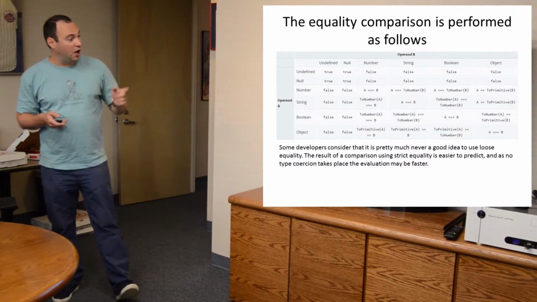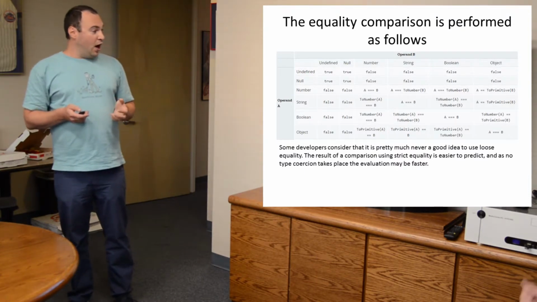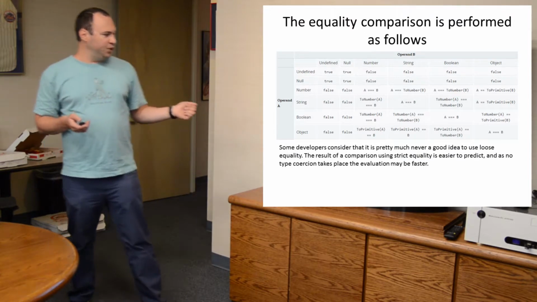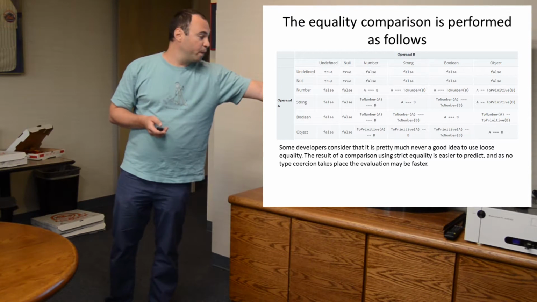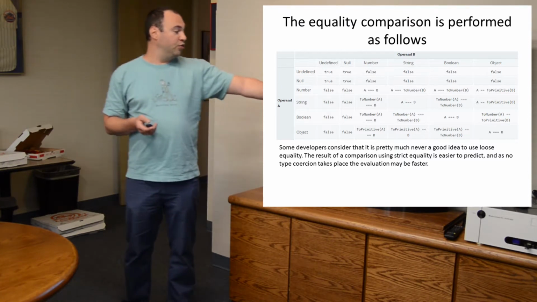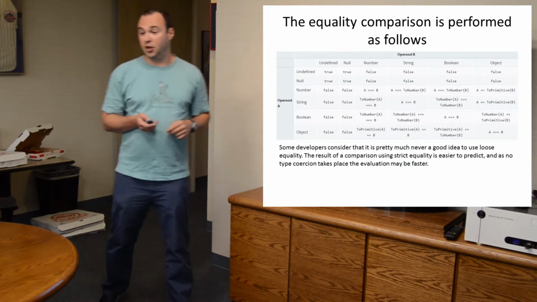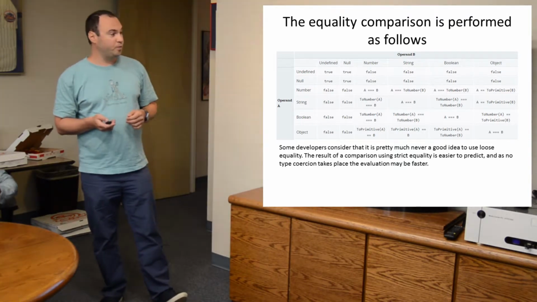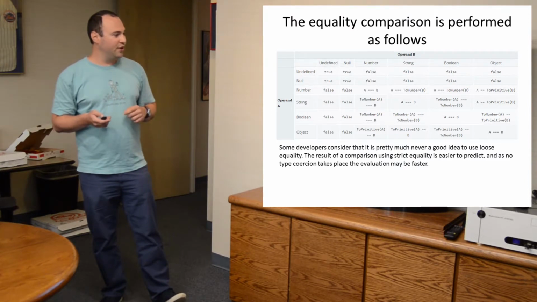So, there is a table. I don't know if everyone can see that. Basically, when you're comparing a Boolean to a number, the Boolean is first converted to a number, and then the strict comparison is done. So you guys can get the slides and take a look at this chart.